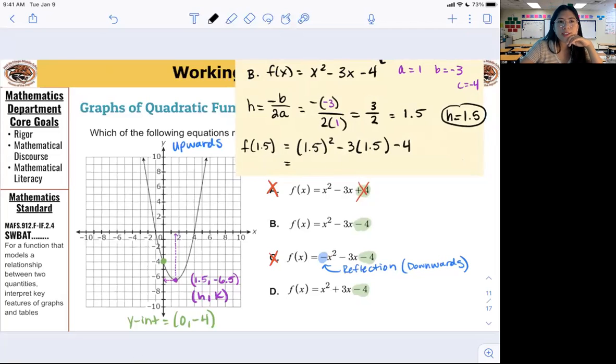Put it in the chat in 10, 9, 8, 7, 6, 5, 4, 3, 2, 1. Okay, I'm seeing a few correct answers. 1.5 squared is 2.25. What about 3 times 1.5?